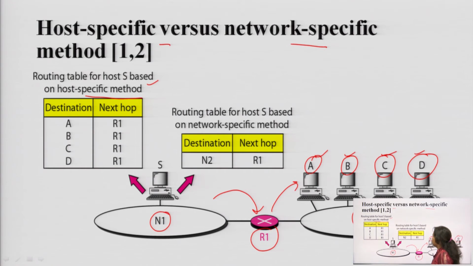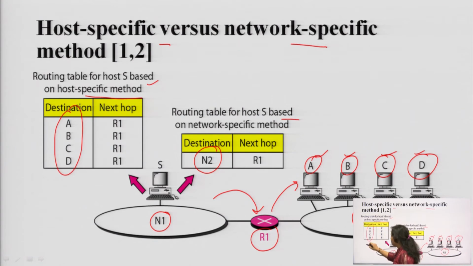And this is the routing table for host S based on the network specific method. If I am considering the network specific, then I have to mention the destination which is N2. So, you can see that this has been replaced by N2, because all the 4 devices are connected to the second network only. So, I can consider the destination as N2.